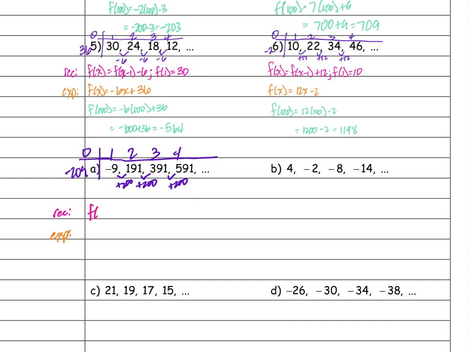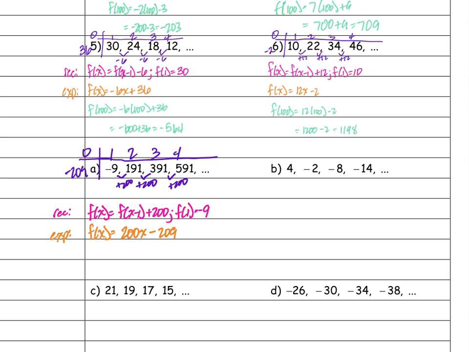My next term equals my previous term plus 200, and my starting term, f of 1, equals negative 9. And my explicit equation is f of x equals 200x minus 209.